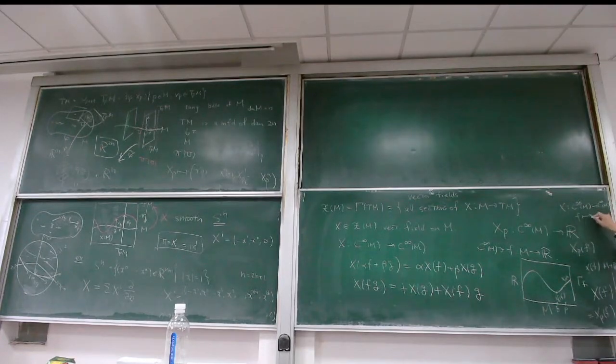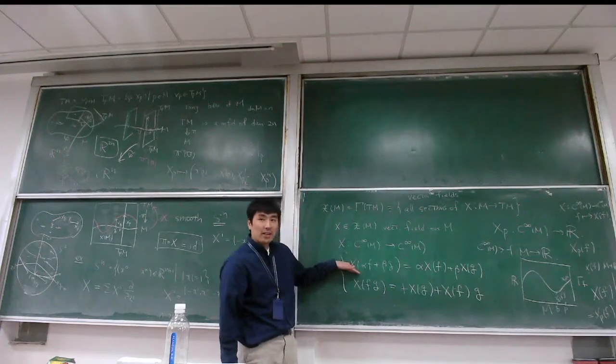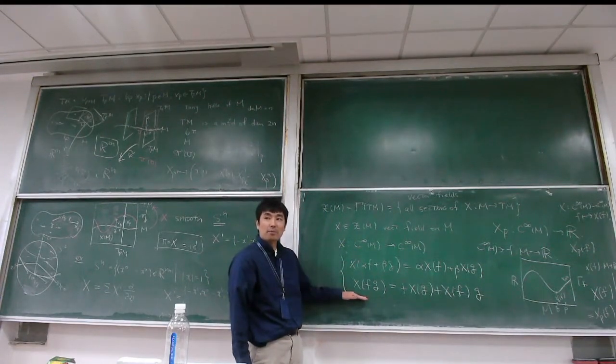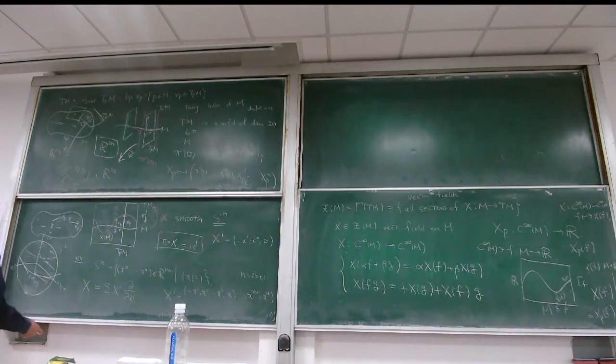f is some function that maps the manifold to R, but once you apply a vector field on f, it is itself some function over M. That's what C infinity to C infinity means. Do you understand? And it satisfies this condition. At each point you have linearity and the Leibniz rule, because we already knew that X can be written this way.